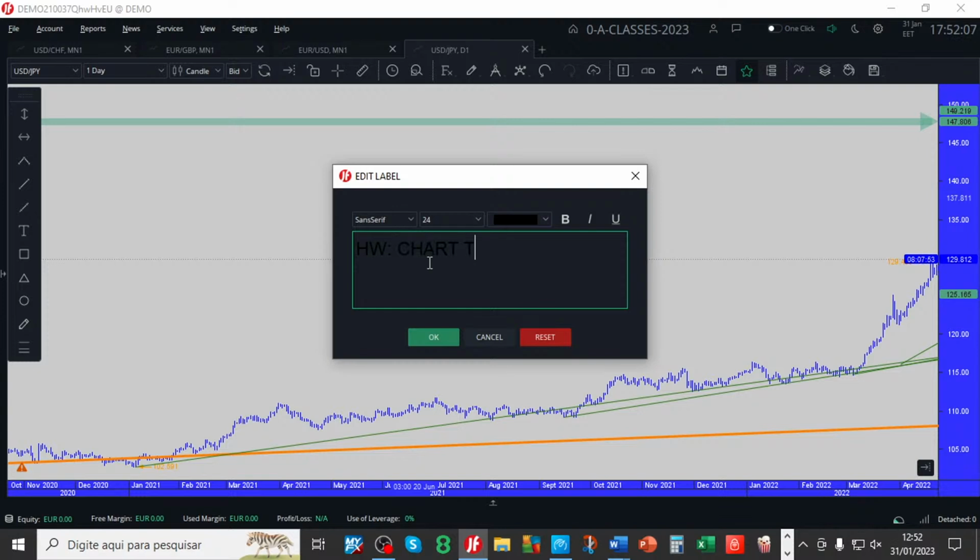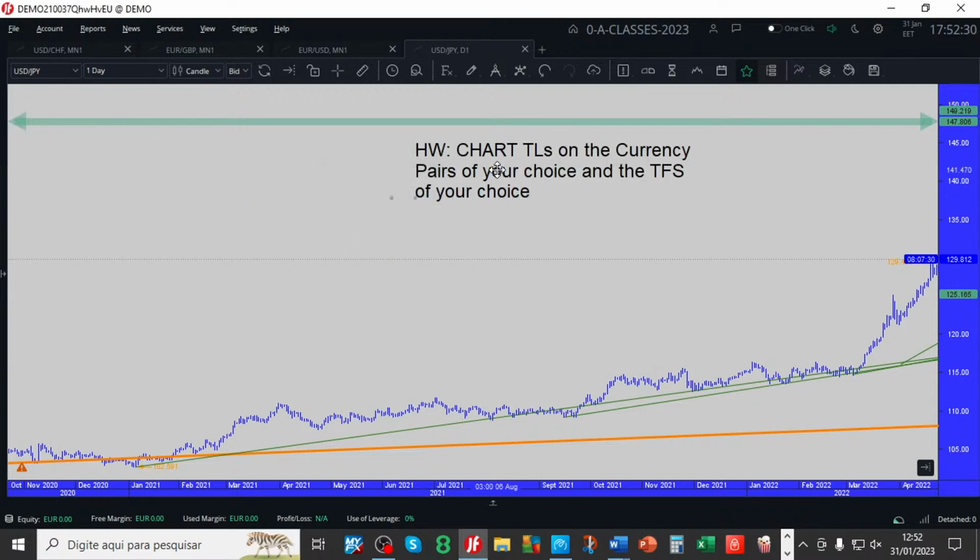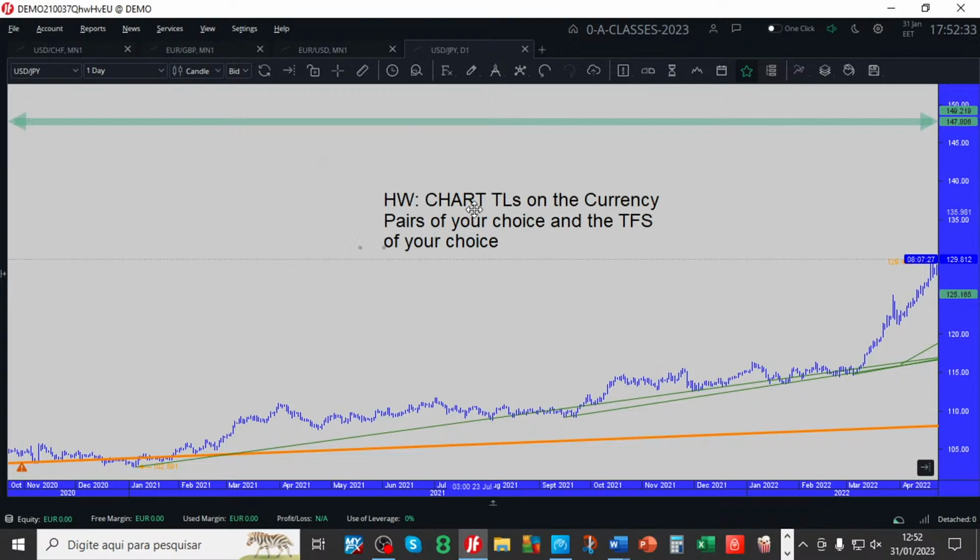Chart trend lines on the currency pairs of your choice and time frames of your choice. Okay? Chart trend lines on the currency pairs of your choice and time frames of your choice.